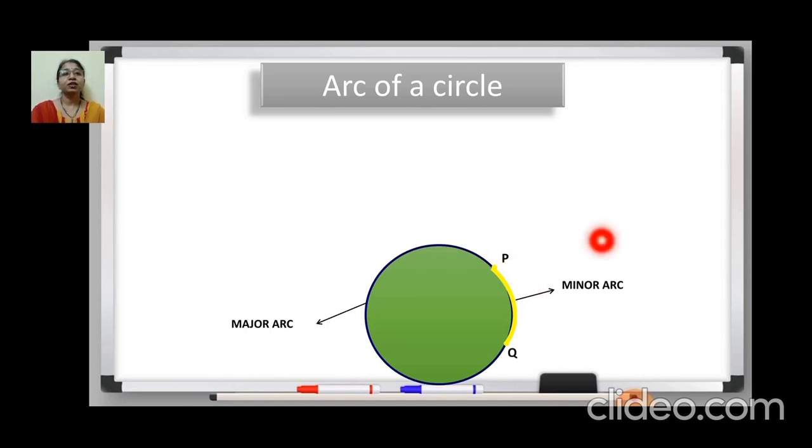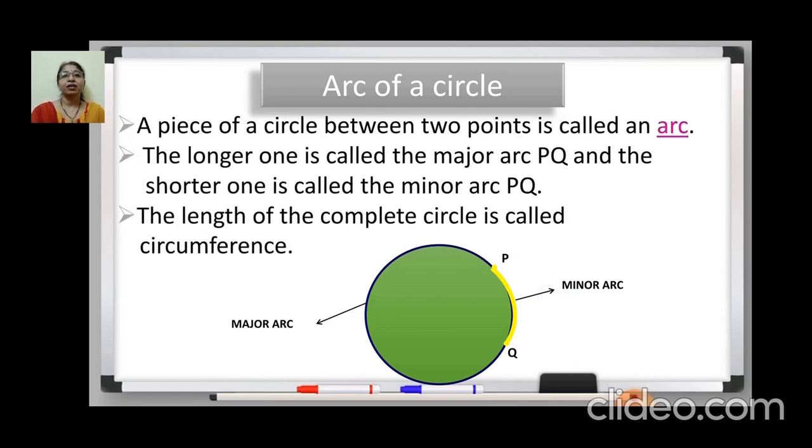So here the longer one is known as major arc and the smaller piece is known as minor arc. So a piece of a circle between 2 points is called an arc. The longer one is called major arc and the shorter one is called minor arc, and the length of the complete circle is called circumference.